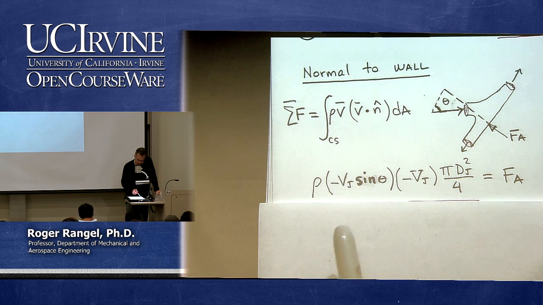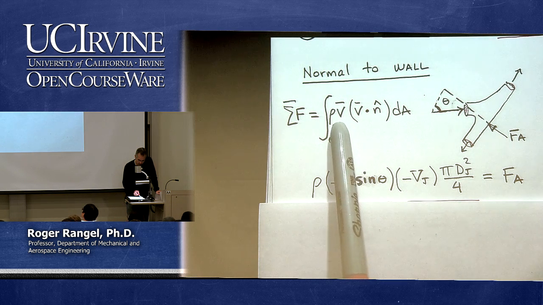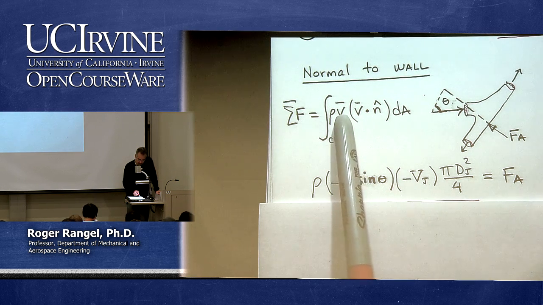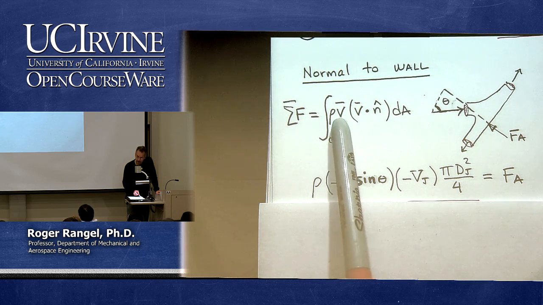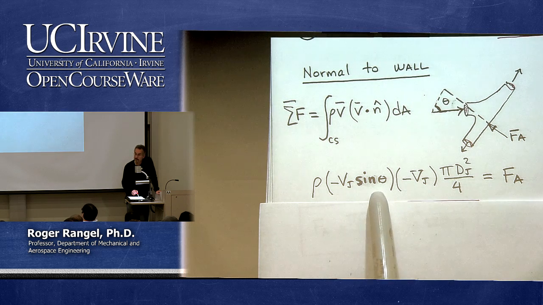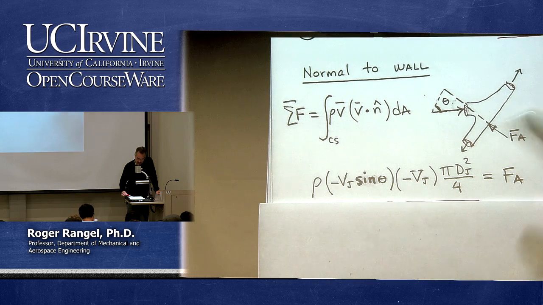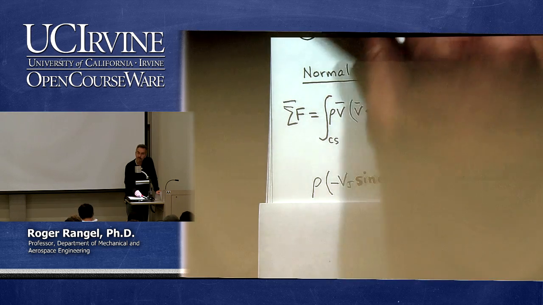What do I have? I need the component of the jet velocity that is normal to the wall. That's the minus Vj sine theta. It's negative because I'm making positive away from the wall.